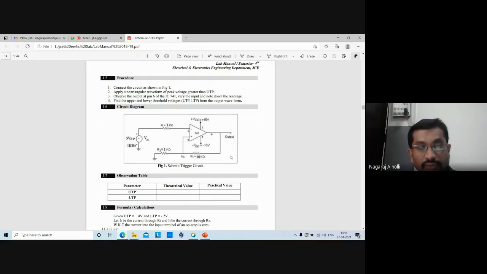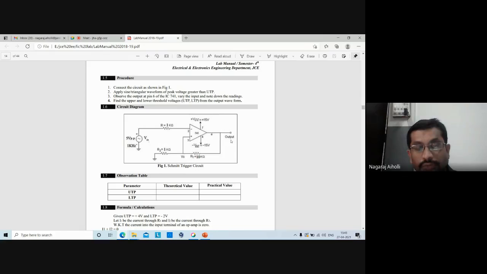When we draw the diagram, it will be much clearer to you. The output will shift from its positive saturation voltage. There is a certain maximum voltage for any op-amp, so beyond that voltage the output will become distorted. It will clip off. If the voltage goes beyond the saturation voltage, the waveform gets clipped off or distorted.